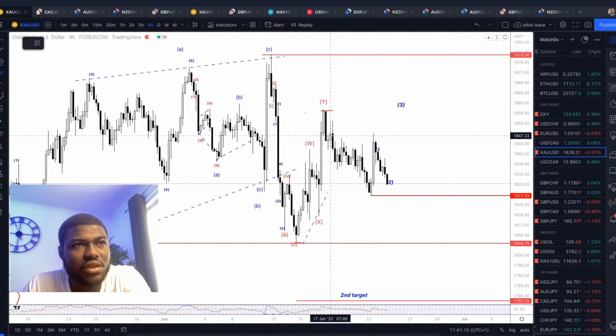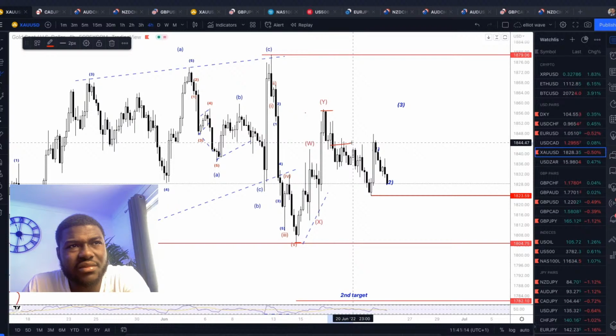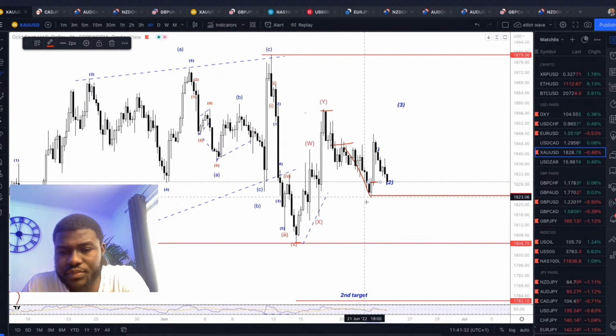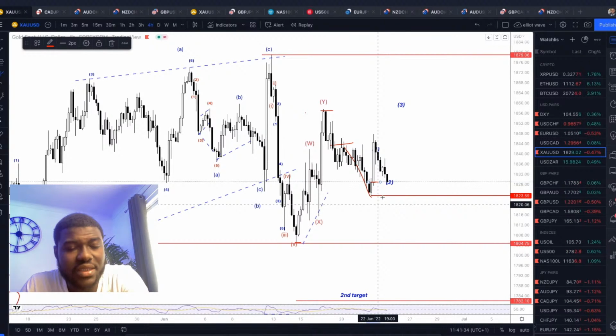We picked the sell position from somewhere here. We were able to pick this move to the downside. Then I closed it yesterday here after this candlestick formed. See this twin bottom. That was when I closed that trade.